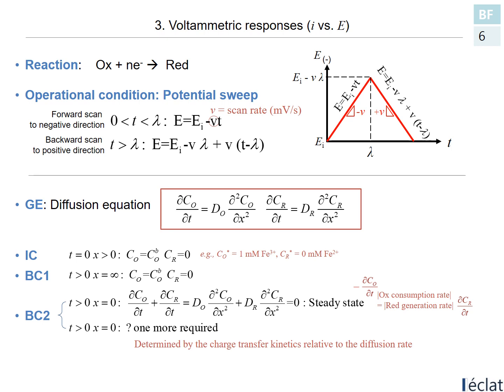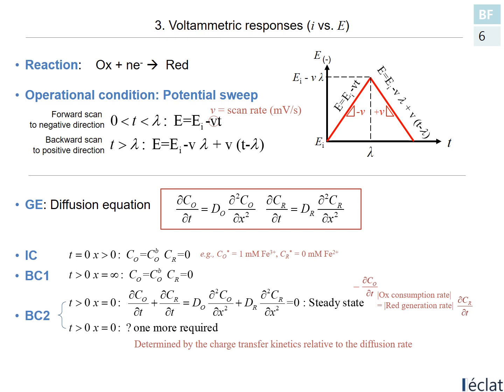You have used Fick's first law and Fick's second law. By using Fick's second law with appropriate initial conditions and boundary conditions, the first thing you have obtained was the concentration profiles. And then by taking the first derivative of the concentration profile at the electrode surface via Fick's first law, you have obtained the current function for the chronoamperometry and also chronopotentiometry.